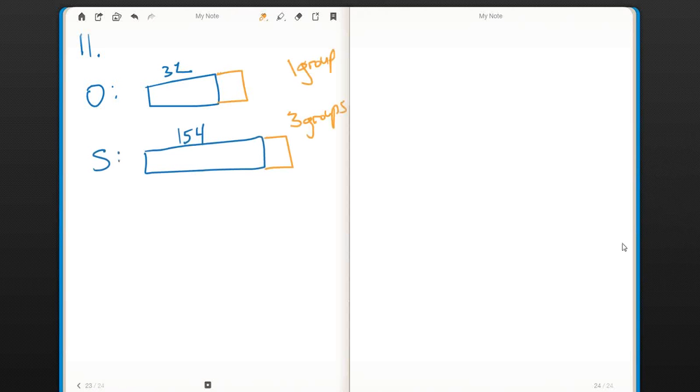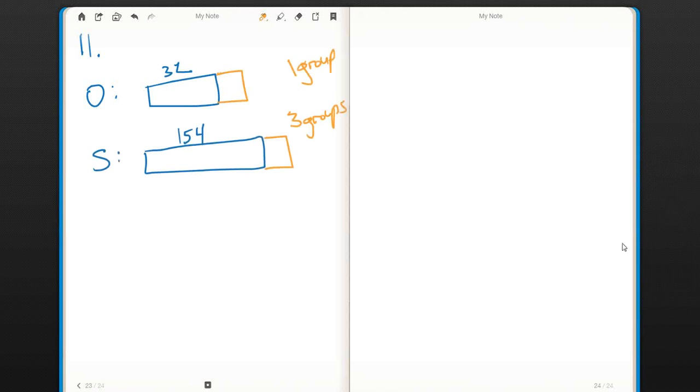Number 11, exact same idea. Olivia has 32 stamps. We're told that Sally has 154 stamps. Each of them buys the same number of stamps, and at the end of it, Sally has 3 groups to Olivia's 1 group.